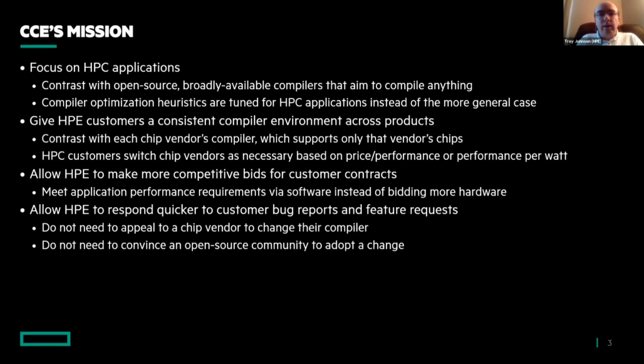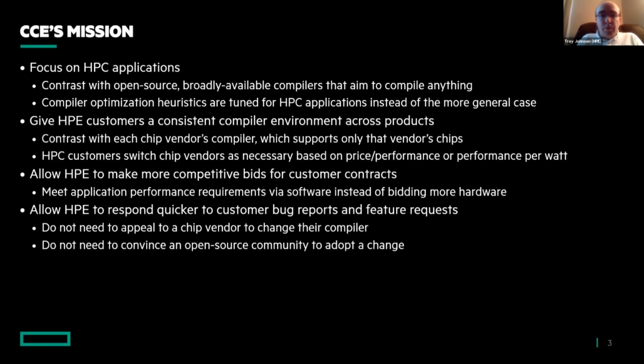So if you look at upstream Clang, or if you look at the GNU C and C++ compiler, those are compilers that really get used for a lot of things in a lot of different industries. Excuse me. And they really have to deal with any sort of input, all sorts of applications, whereas our focus isn't really on that.